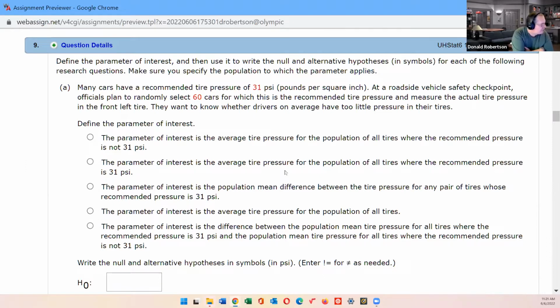At a roadside safety checking point, officials pick 60 random cars for which they recommend tire pressure and measure what they are in one of the tires. And what they want to do here is they want to know whether drivers on average have too little tire pressure. So the parameter of interest here, isn't it the tire pressure? That's what we're interested in. In fact, the average tire pressure.